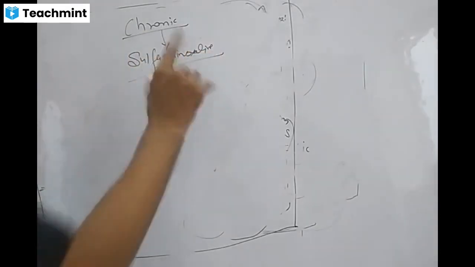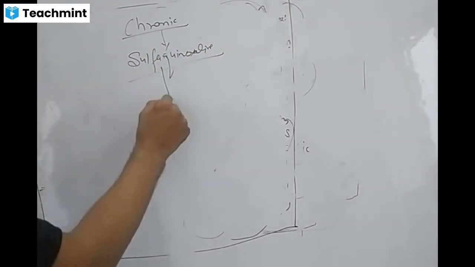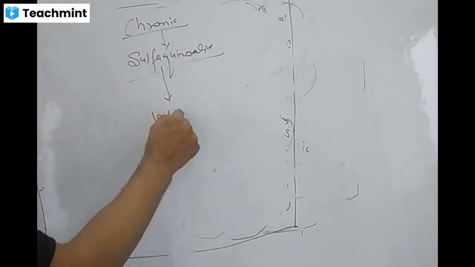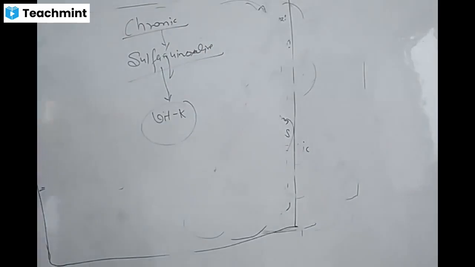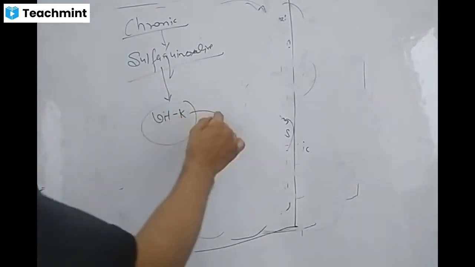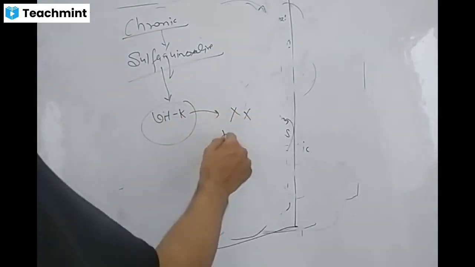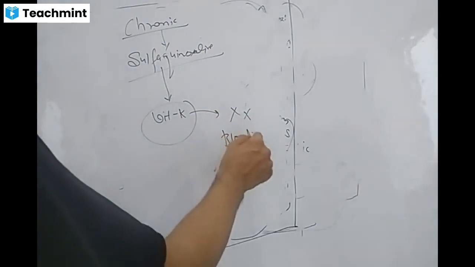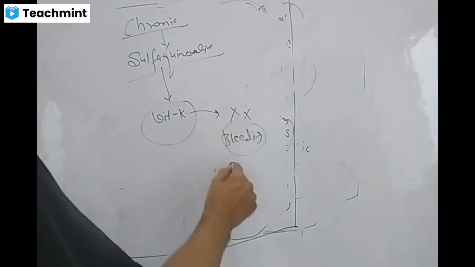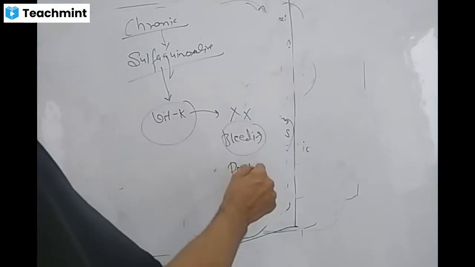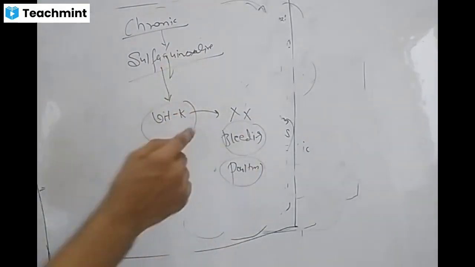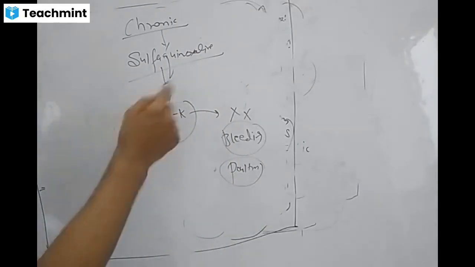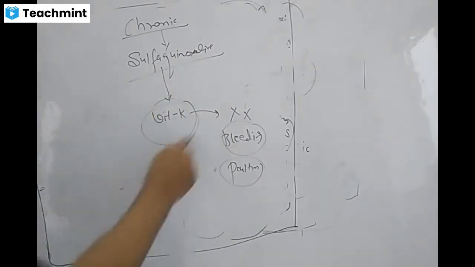If we use it chronically, it may lead to deficiency of vitamin K, and all the vitamin K dependent clotting factors will be absent, and that may lead to bleeding in poultry. So this was an MCQ: which of the following sulfonamides leads to vitamin K deficiency?